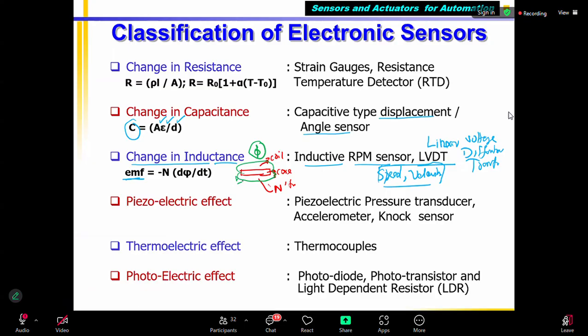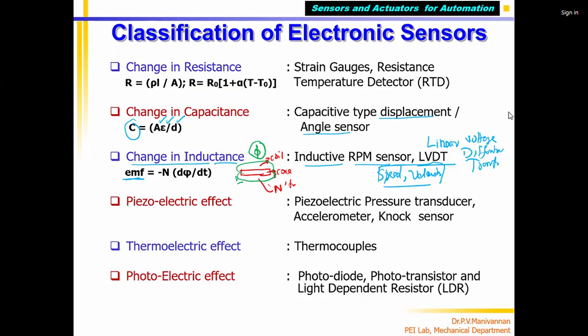In a generator, there's a magnetic flux which changes when the magnet is rotated, and it induces voltage. Similarly, in an inductive sensor, I already have a magnet, so there's a magnetic flux, and the EMF produced in the coil is proportional to this. This is the third type of sensor.